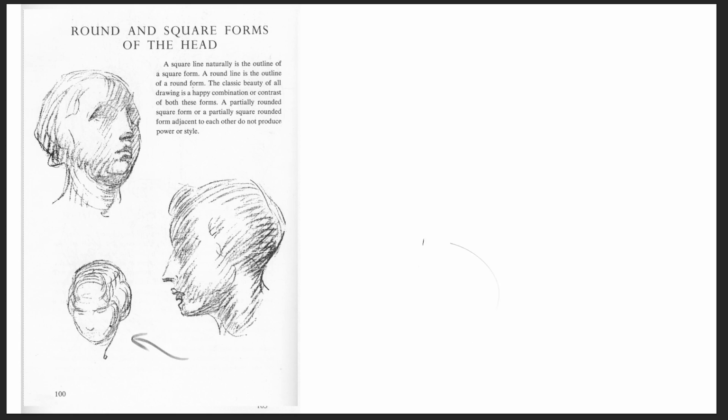Down in here, he has a rounded form with a more block-like forehead attributed to it. And that's going to give the head structure again, because not all forms are completely round and not all forms are completely block-like. It's the combination of the two that gives balance to the skull. And that is what we're trying to do in our design.